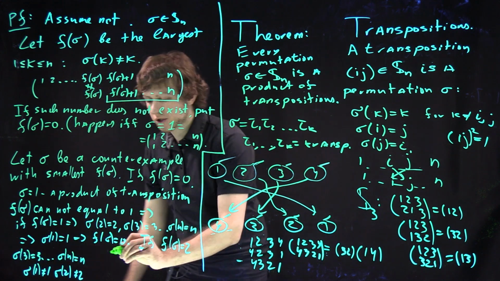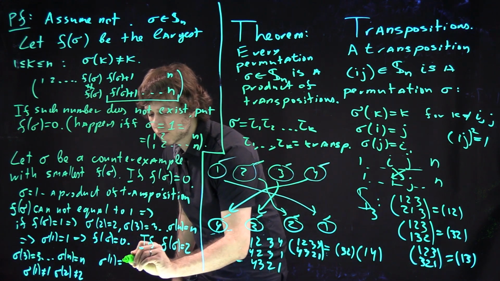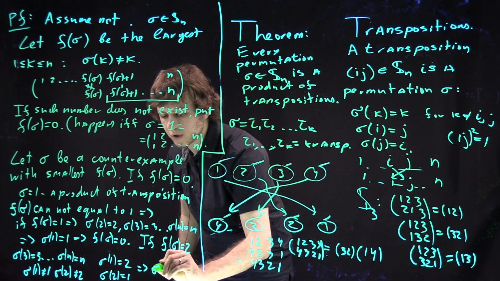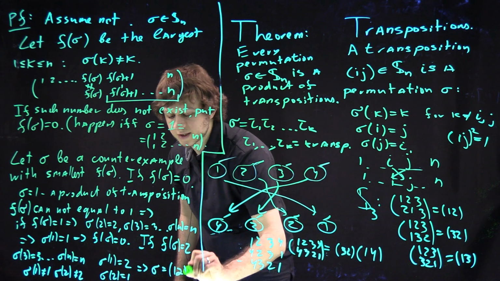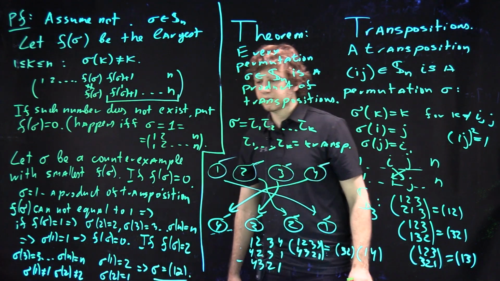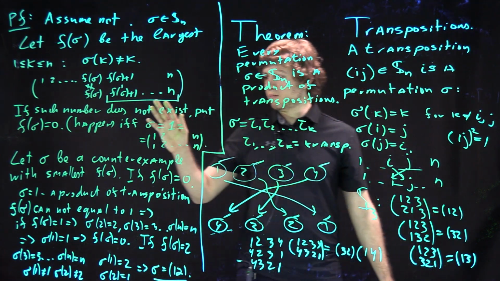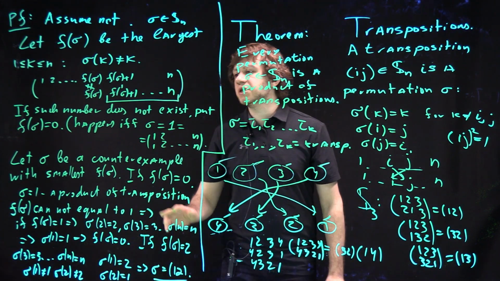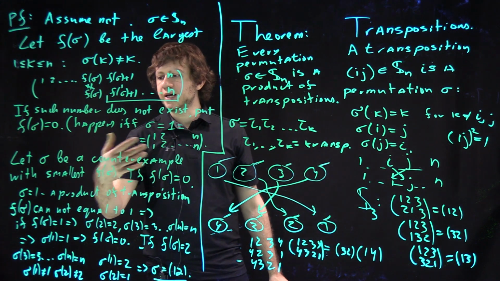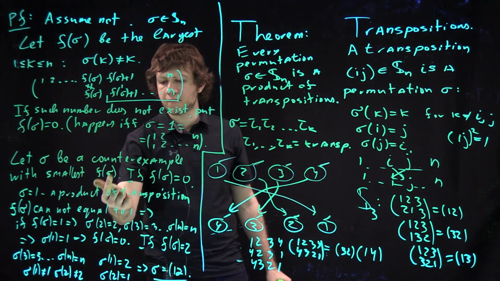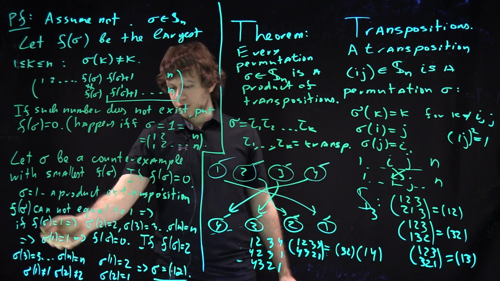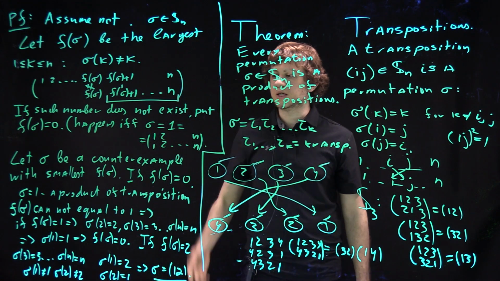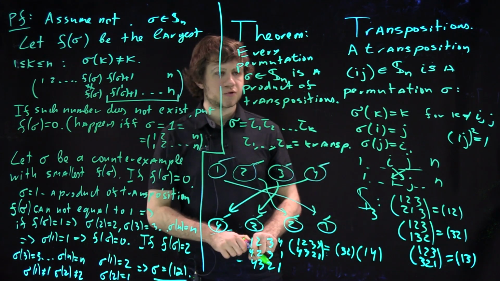So since it's a bijection, of course, sigma of 1 equals 2, and sigma of 2 equals 1, and so sigma is just a transposition 1, 2, and this presents it as a product of transpositions. So basically, if this f of sigma is 0, 1, 2, we are done. And so let's just prove that now we take the counterexample with the smallest f of sigma, and if it is very small, we are done. Otherwise, let's show it's not actually the smallest counterexample. So let me do that.